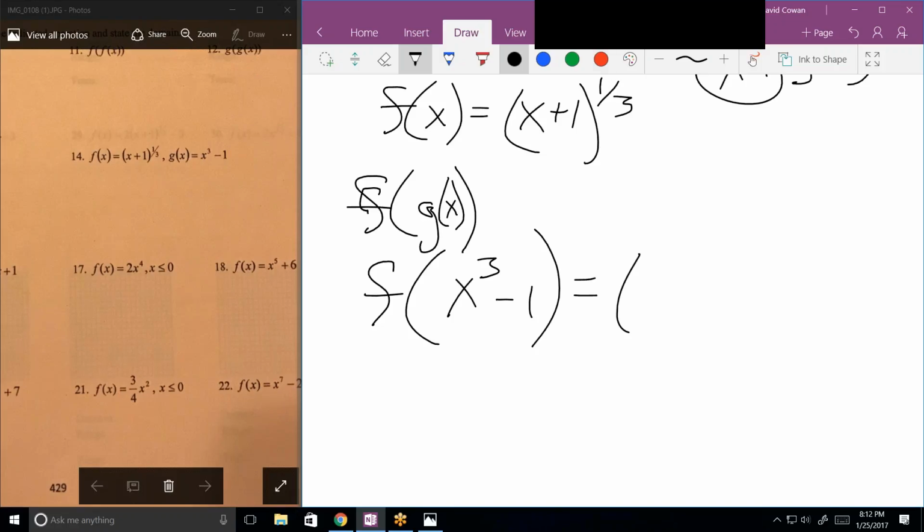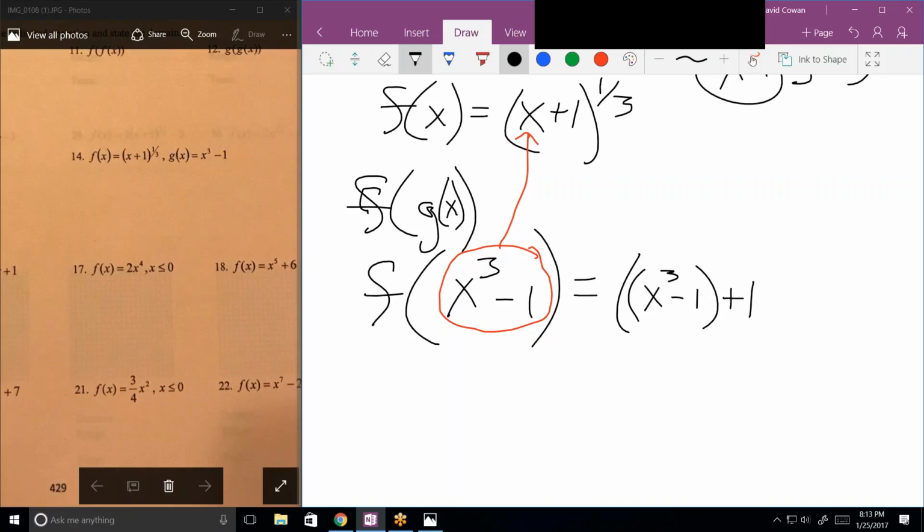Here's what we're doing. We're plugging this in only whenever we see an x, and plug it in as a parentheses. In other words, let's use a double parentheses here. It makes it less confusing. So I plugged it in for x, and I still have that plus 1.